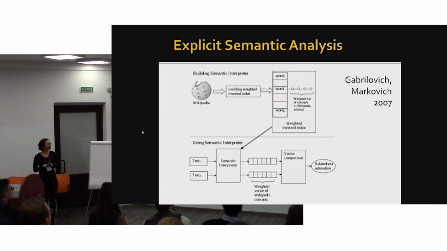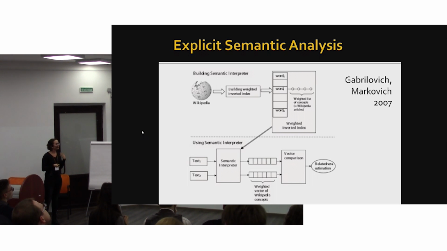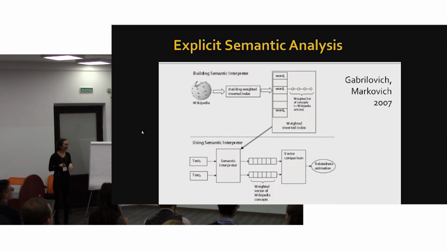It is based on Wikipedia, and on the basis of Wikipedia, an index is created where words that occur in Wikipedia articles are represented as vectors, and the figures in these vectors are TF-IDF values that stand for the association strength between this word and Wikipedia articles.